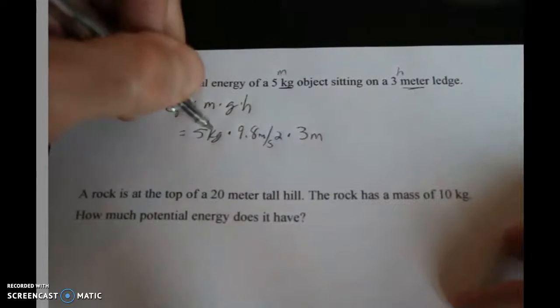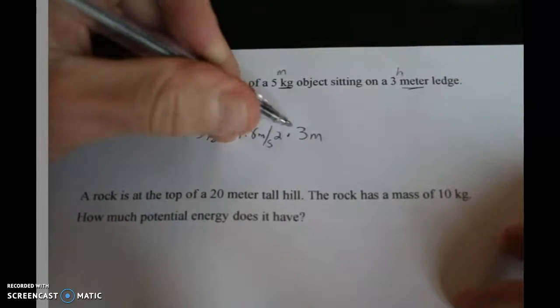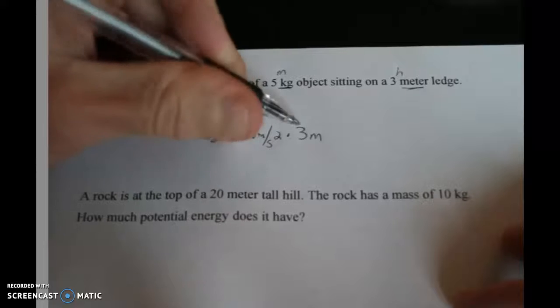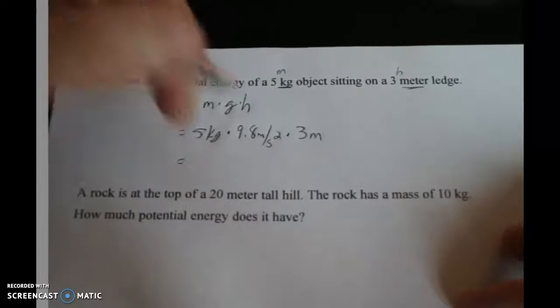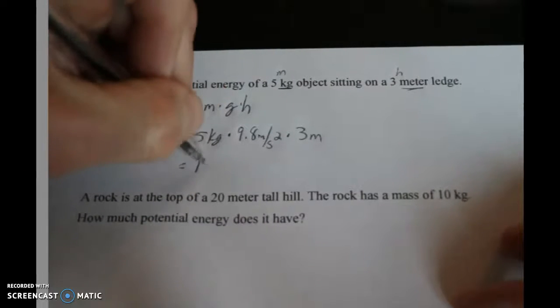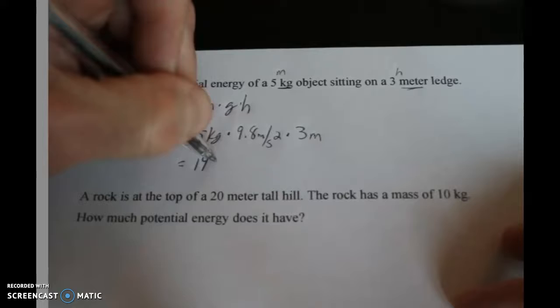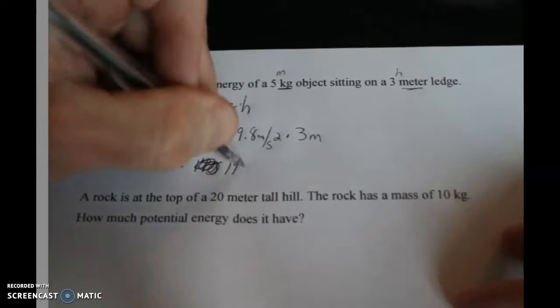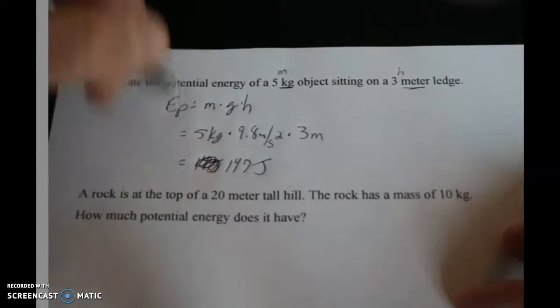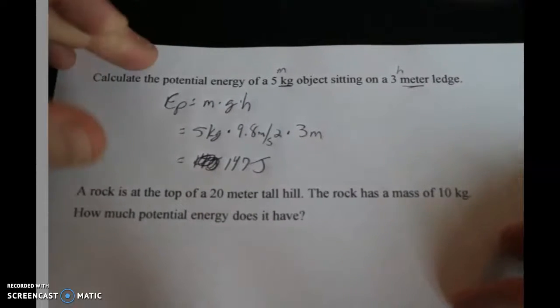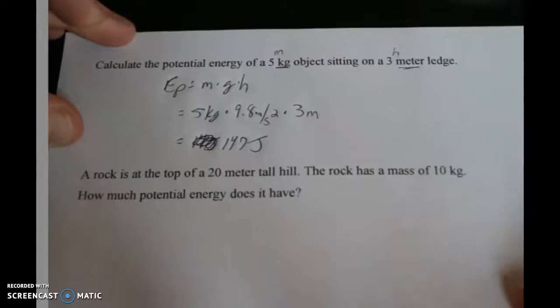You multiply all that out, you get kilograms, meters squared per second squared, because this meters gets multiplied by that meters, which is the same as a joule. You do that math, and I believe you get 147 joules. Again, pretty straightforward. Double check my math though, because I'm kind of doing this a little quick.